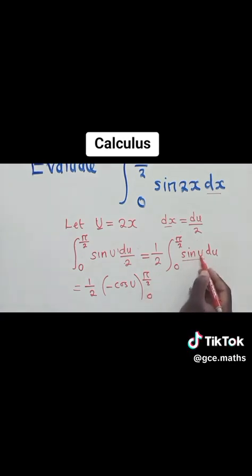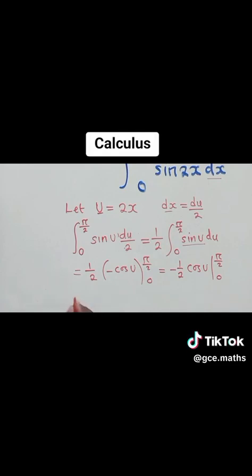So the integral of sine u, I showed you when starting, is negative cos u. Since it's multiplication here, the negative can come outside. So it will be negative 1 over 2. And here we have cos u, pi over 2 and 0 there.